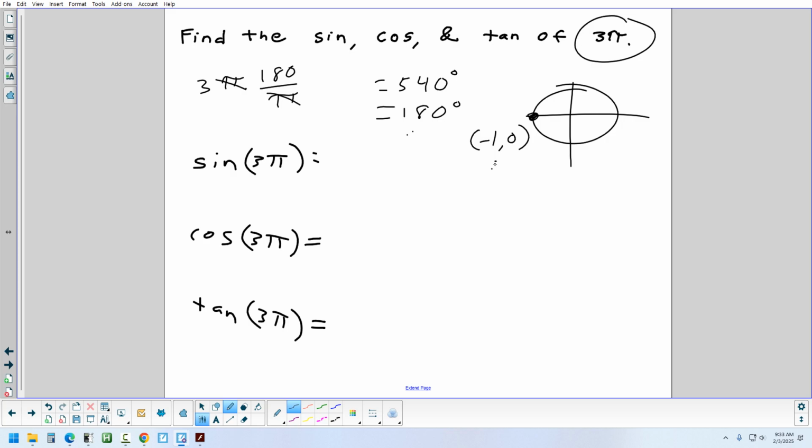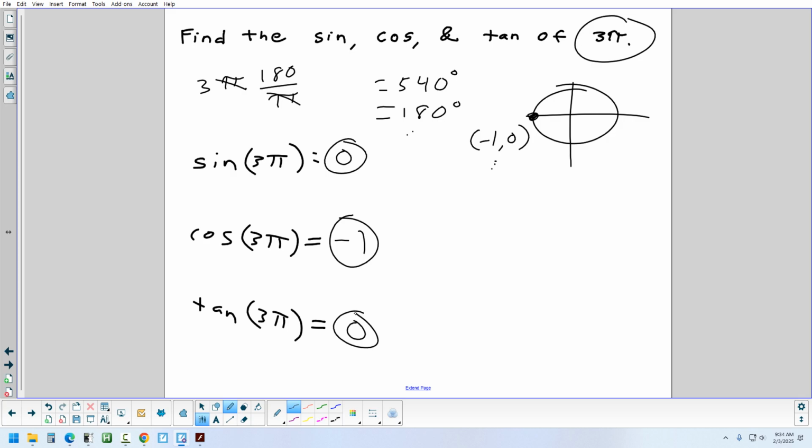Zero. Yep, so the sine would be 0. My cosine of 3 pi? Yep, -1, that's the x value. And what about my tangent of 3 pi? 0 over -1, which is 0. And you could flip them, undefined, -1, undefined, to get the other 3.